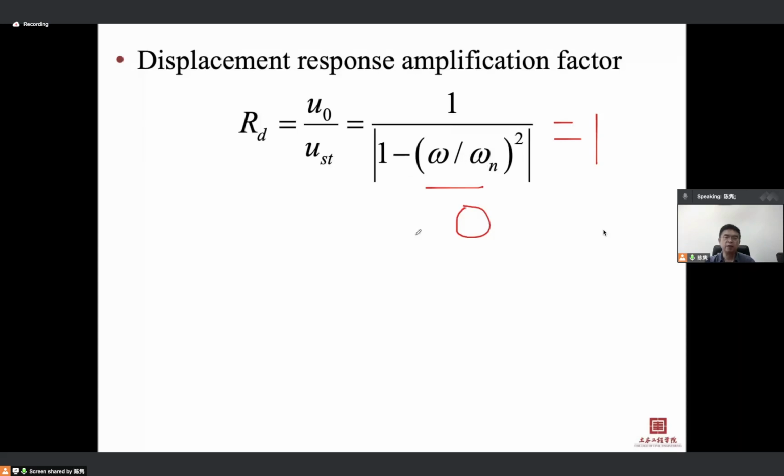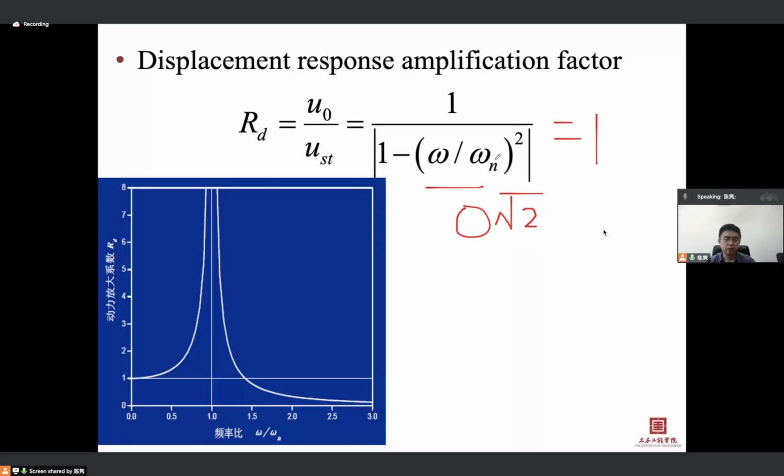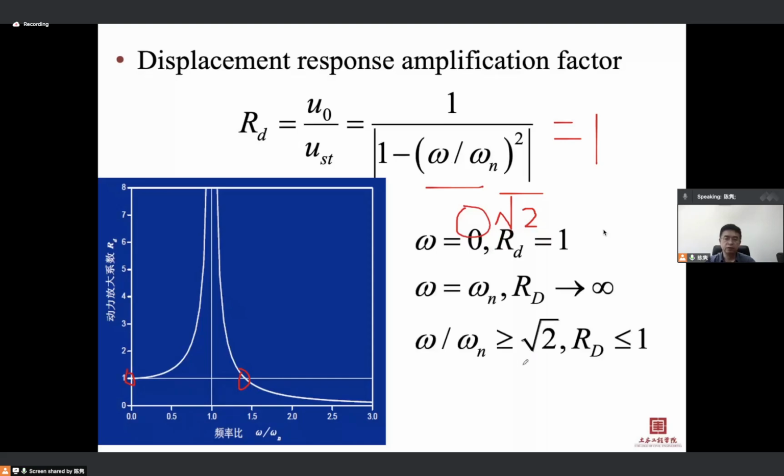The other one should be the square root of 2, right? This is this point. The first point is 0 because there RD equals 1. You see here, RD equals 1.